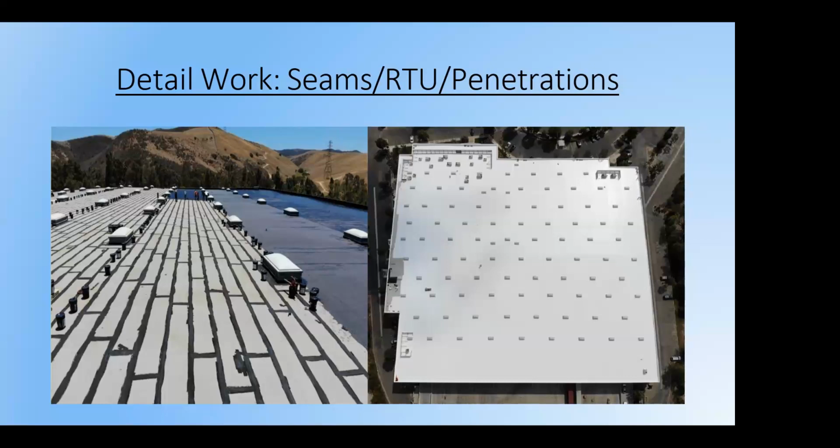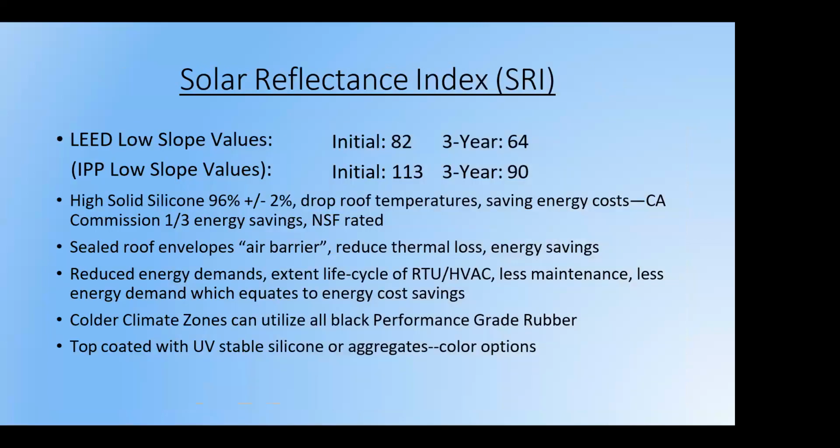Next slide. This is the SRI value that Justin was talking about earlier. SRI values, you want to go onto the Cool Roof Rating Council website. You can pull up products, manufacturers, and find out what the SRI values are. That's a third-party site that provides oversight on cool roof products. DOE Energy Star Rating Program, which you've probably heard of over the last few decades, they removed roofing products in June of 2022.